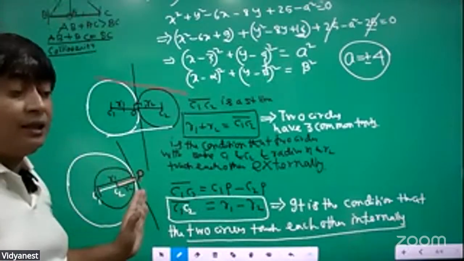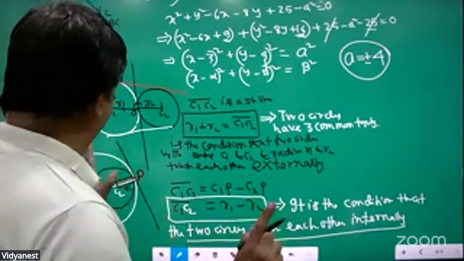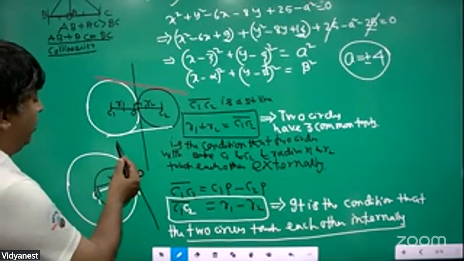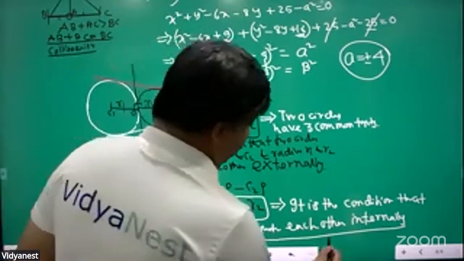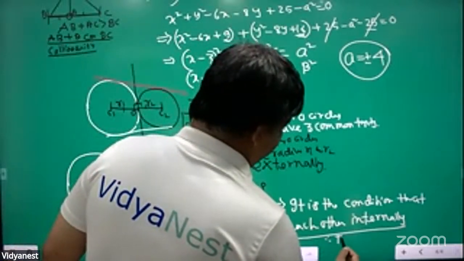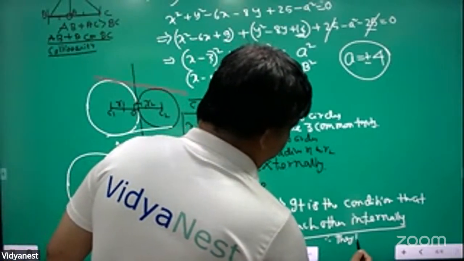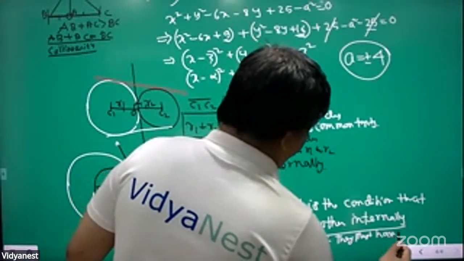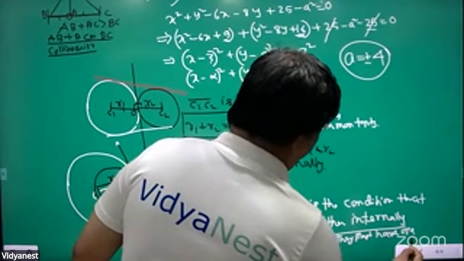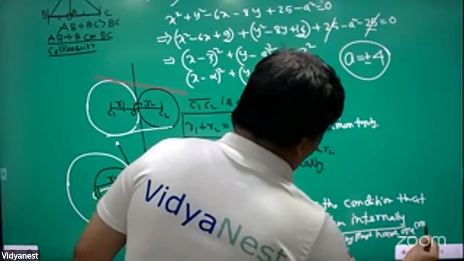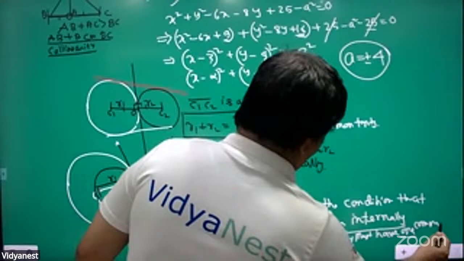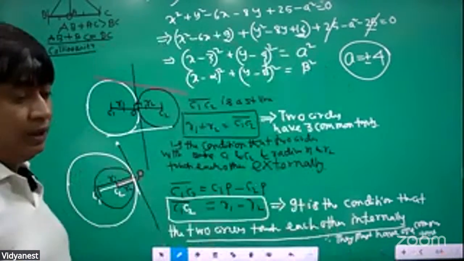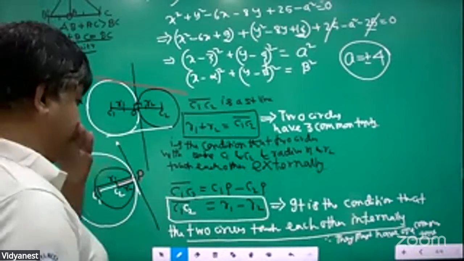If they touch each other internally, what is this figure saying? Only one common tangent. So they must have one common tangent. Only one common tangent.